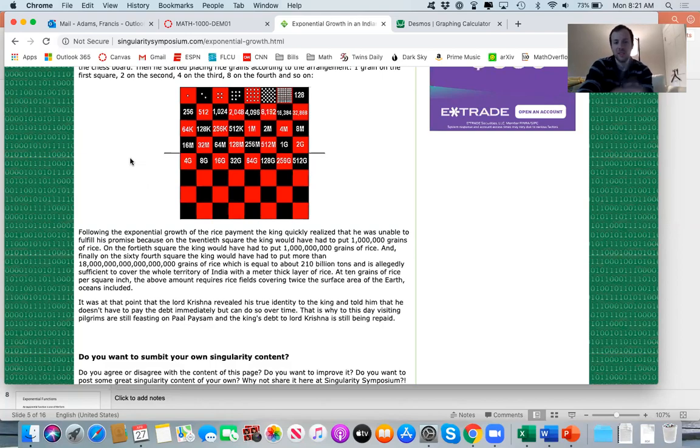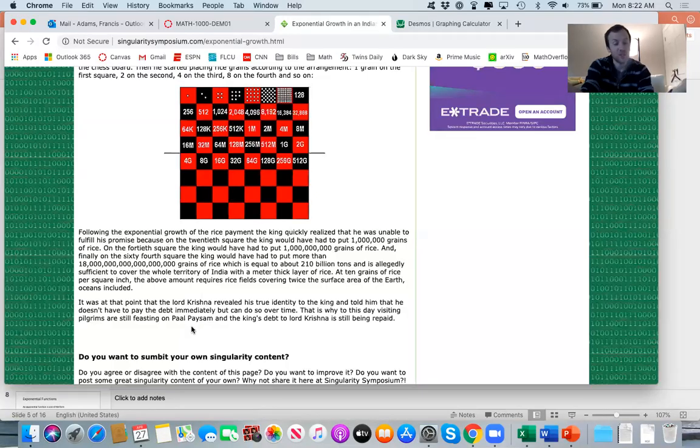And so where the legend comes from is that's more rice than there was rice. Then Krishna revealed their identity and said, you can do this, you can pay the debt over time. So that's why people are still being fed. Pilgrims are still being given this rice.